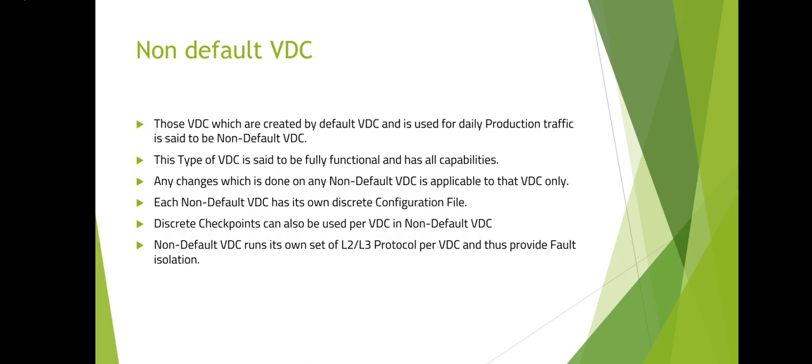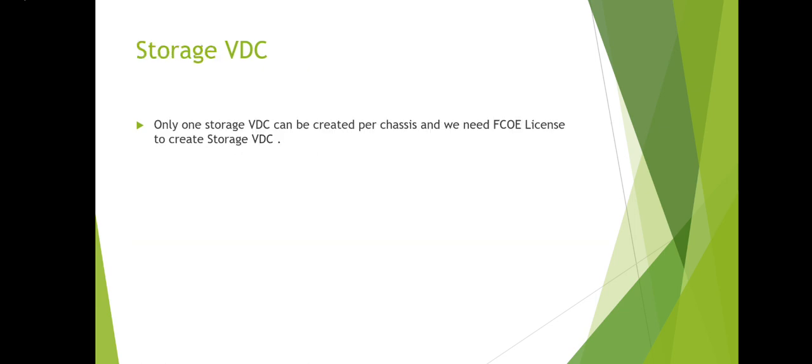In these VDCs, you can run the L2 L3 protocols whenever needed according to your or your company's requirement. Storage VDC, of course, is for the storage purpose for SAN OS. You will need an FCoE, Fibre Channel over Ethernet, license to create storage.